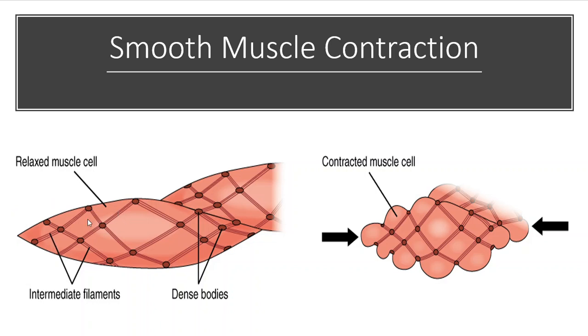So these guys also have something called a dense body and these intermediate filaments. And when these guys contract, it's almost like they kind of corkscrew like that. You can see that they don't just do a straight, get shorter.